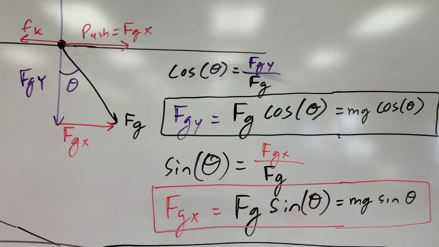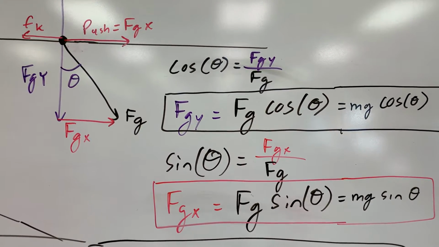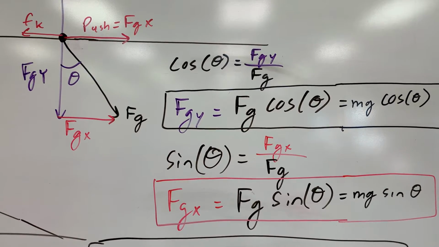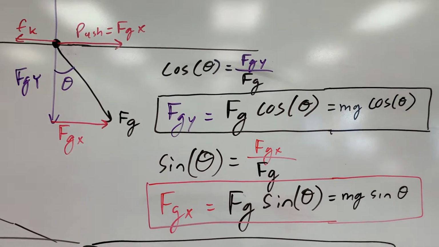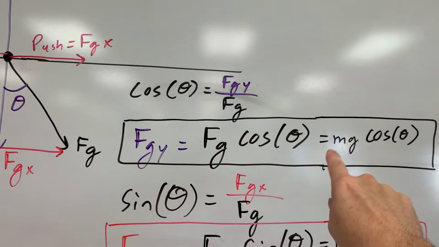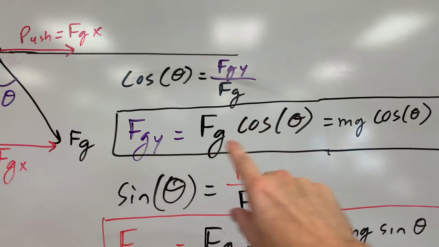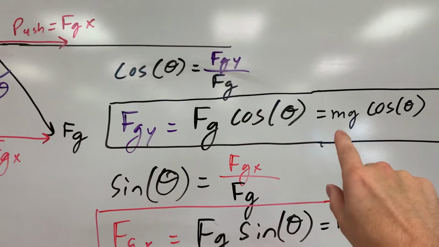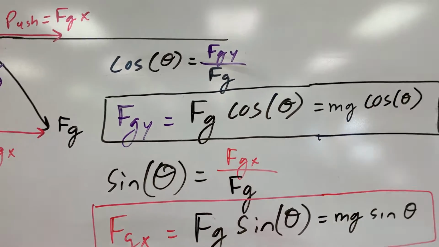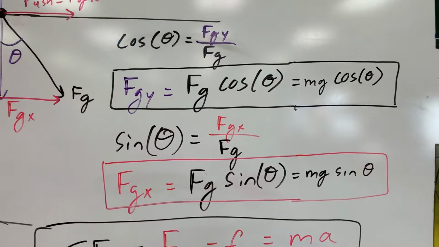So I can also rearrange my terms here and say that my force of gravity in the y is equal to the force of gravity cosine theta, and that this also, if I substitute my force of gravity for mass times gravity, because that's what the force of gravity always is equal to, this whole thing, Fg in the y, is equivalent to mass times gravity cosine theta. Okay, so that's the important part for this setup.